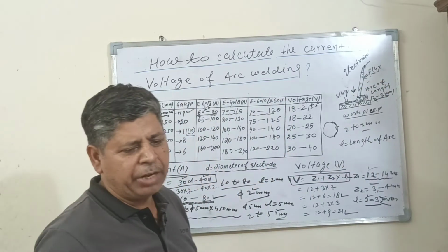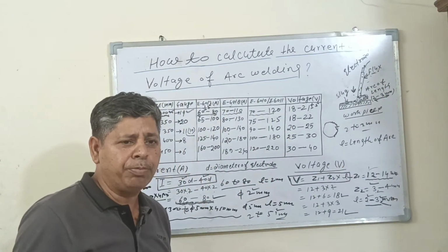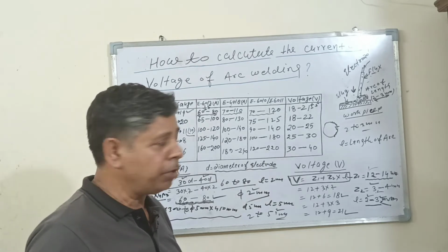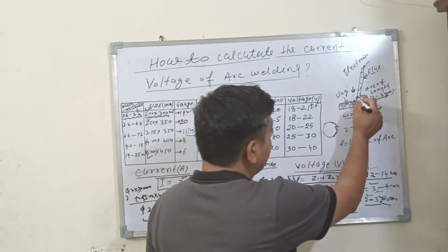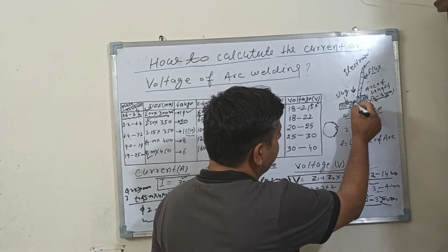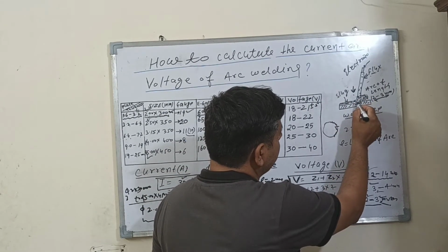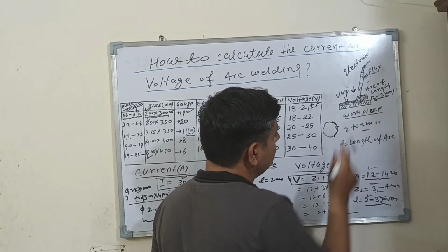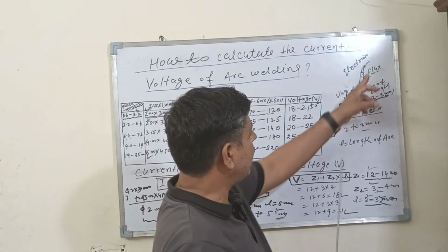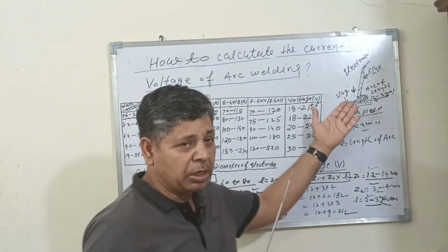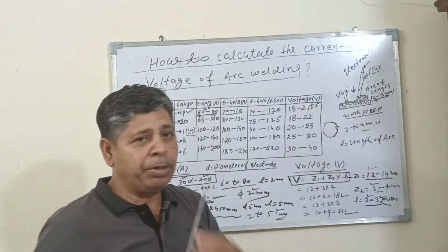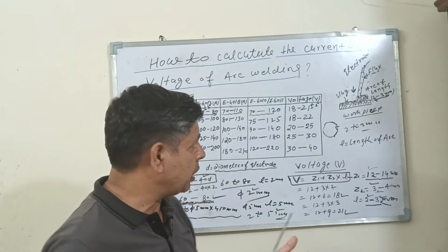Flux is available in the market in three forms: paste form, powder form, and coated form. Here this is the coated form. This is sparking to perform the welding. This is the slag. The flux is not mixed with the molten metal, because the density of the flux is much less than the molten metal, the base metal.